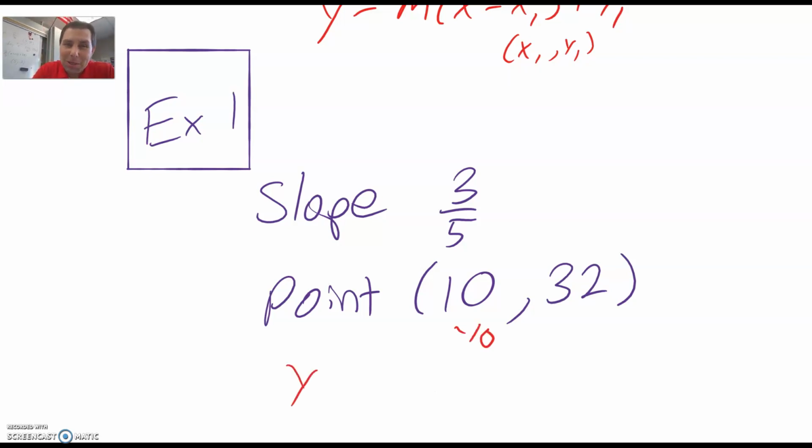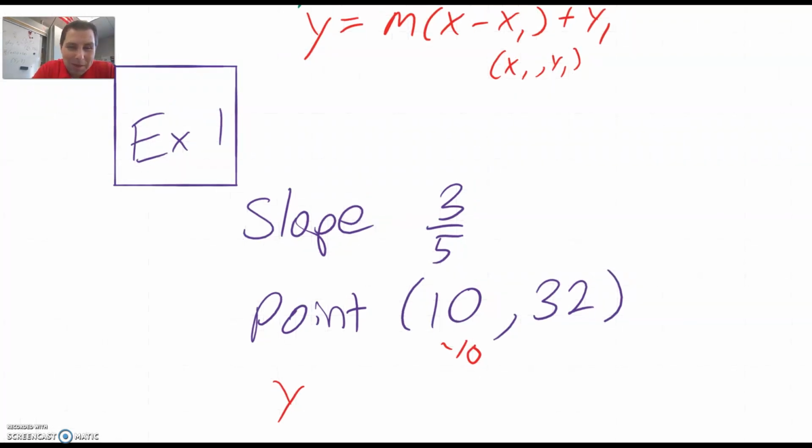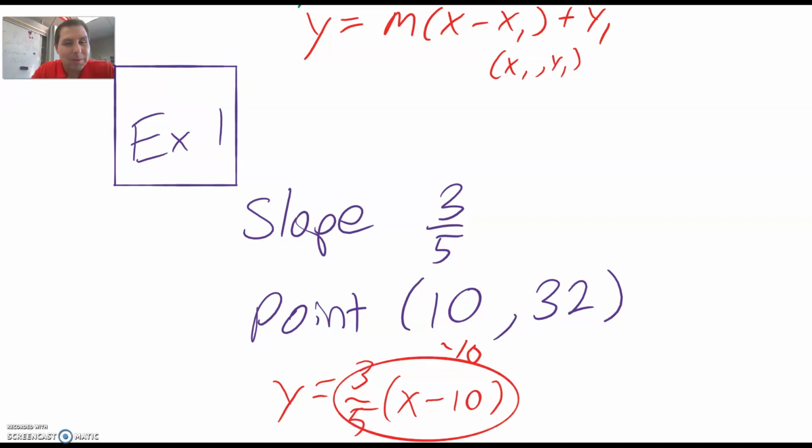So here's where the equation comes in handy, because the slope doesn't change, it's still 3/5. But what we need to do is subtract 10 from all the x values, which will make everything here equal to 0, because 10 minus 10 is 0. Well, by getting it to become 0, that lets us start at 32, so therefore this is plus 32. And we're done. That's it.